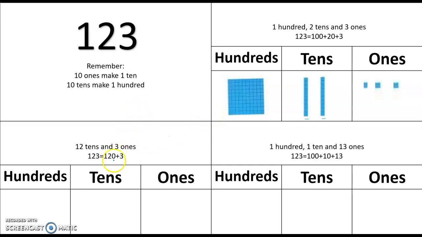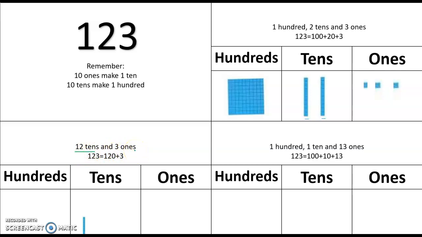What if we took this 100 and we broke it up into tens? How many tens are in 100? 10 tens are in 100. So if we have 10 tens here and 2 tens here, 10 plus 2 is 12. So another way we can write this number is by doing 12 tens and then our 3 ones.